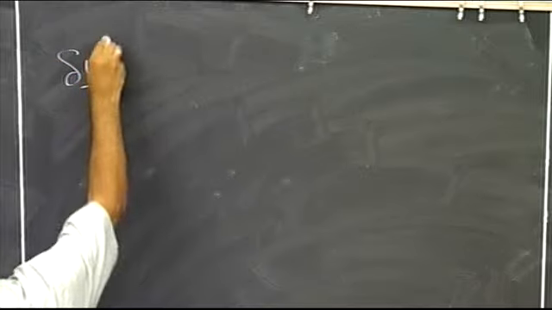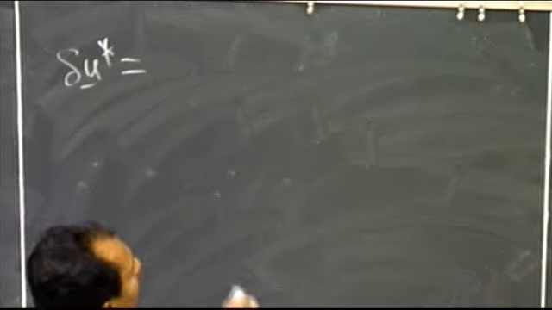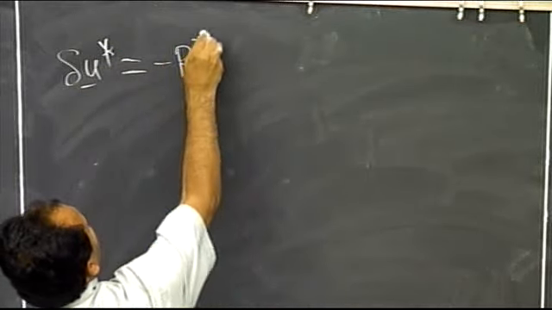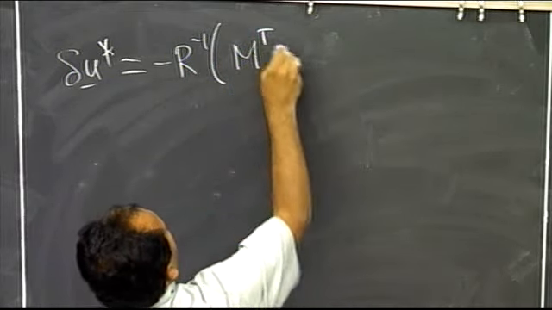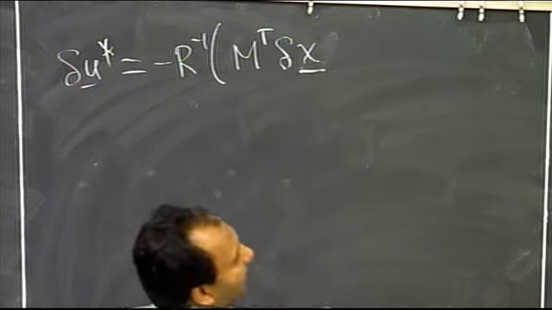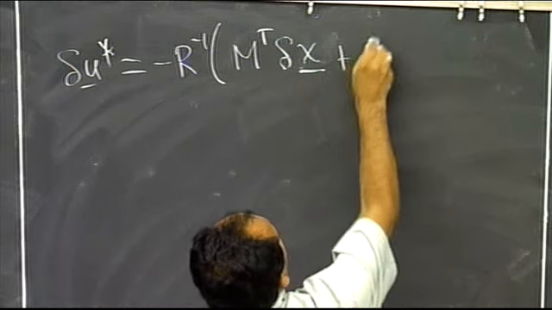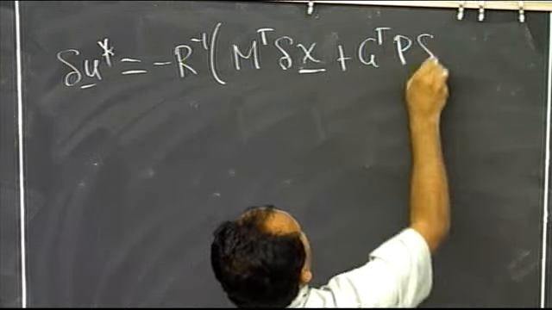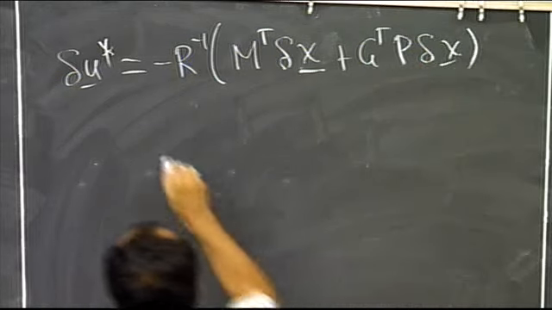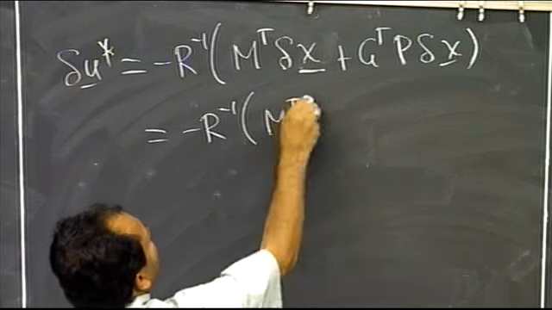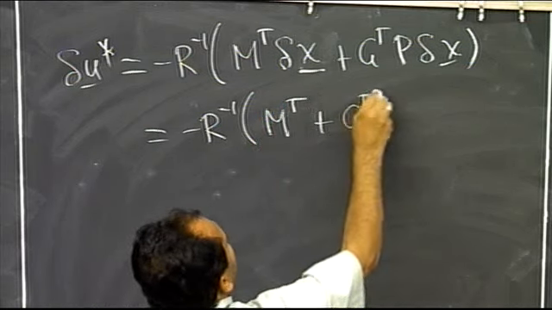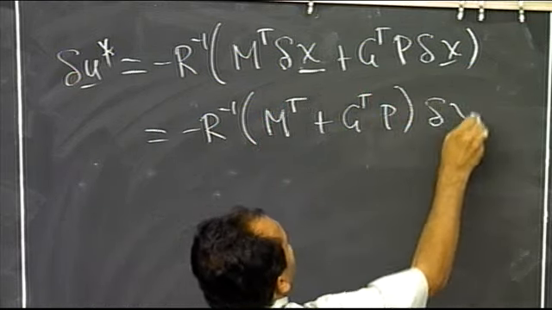I get delta U star equals minus R inverse times M transpose times delta X, plus G transpose times P times delta X, which is equal to minus R inverse times (M transpose plus G transpose P) times delta X.